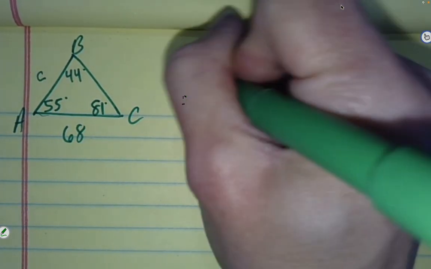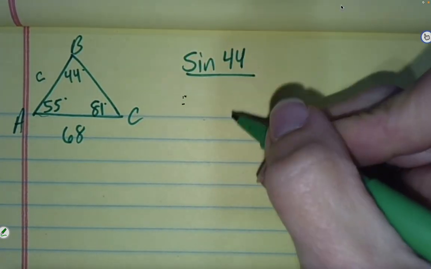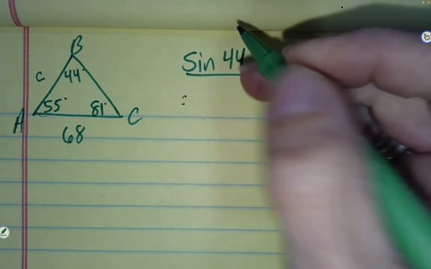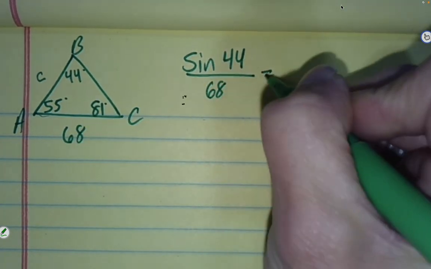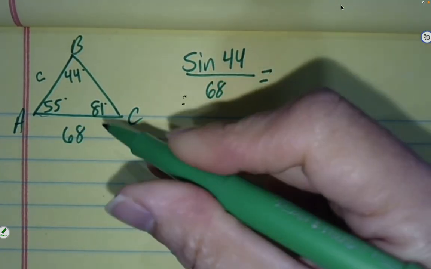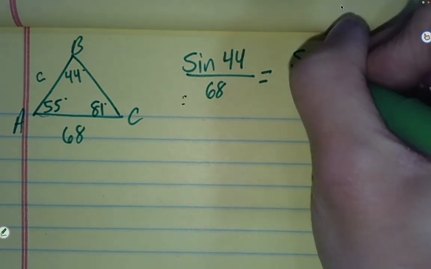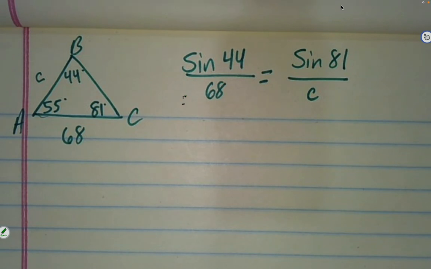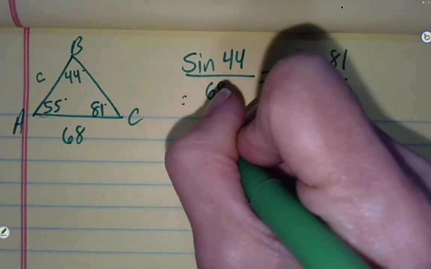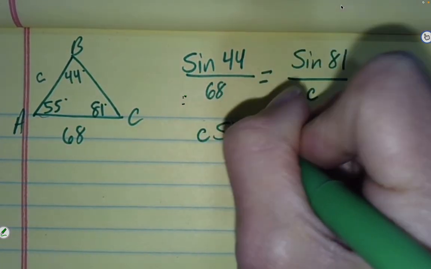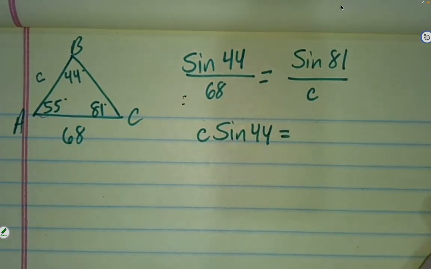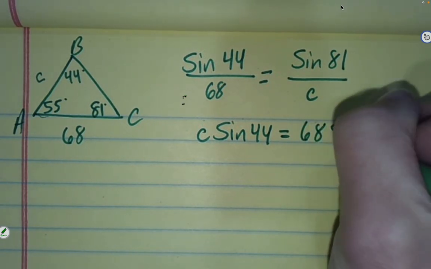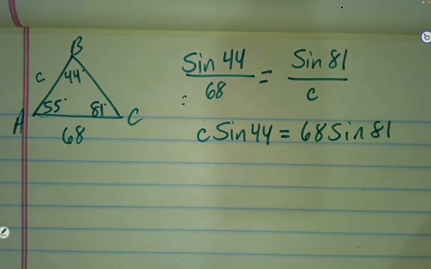I'm going to start with angle B. And you put it over the side that goes with it, 68. And what's the next one that I have? We're looking at our C's. So the sine of 81 over little c. And then we cross multiply. So I get c sine of 44 equals 68 sine of 81.